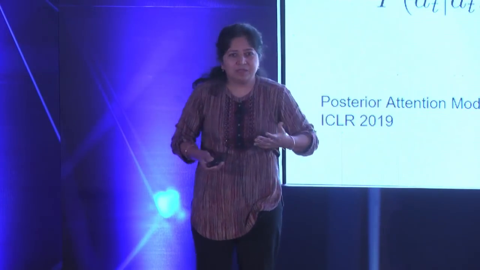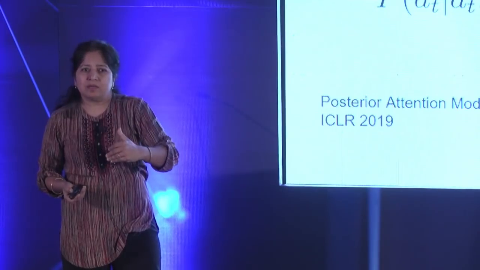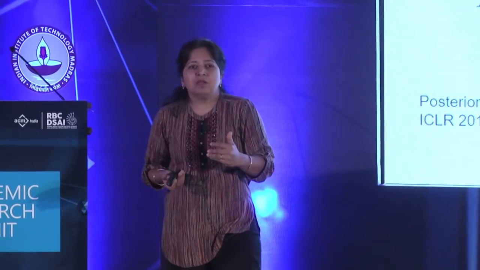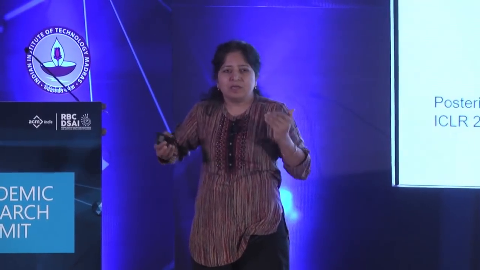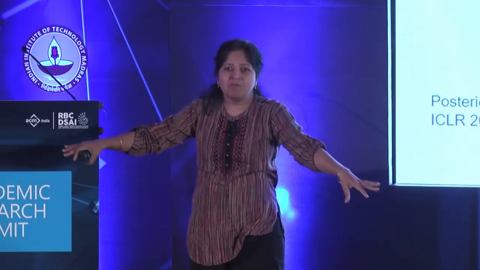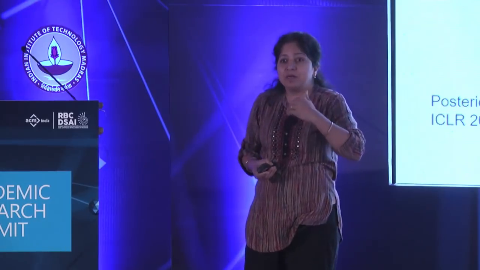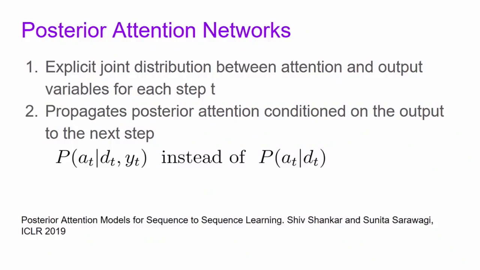So after we did this joint distribution, we wondered, could we have gone a step further in treating the attention variable with more dignity, like treating it as a first class citizen rather than something that you marginalize away at the first possible chance. One natural next thing you might want to do is explicitly couple the attention distribution over adjacent positions.